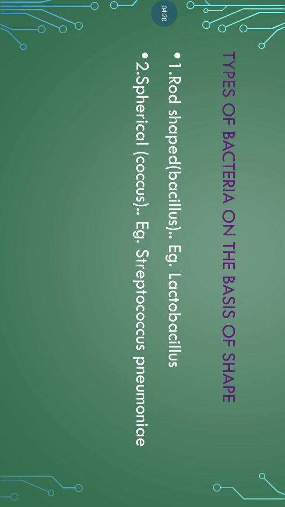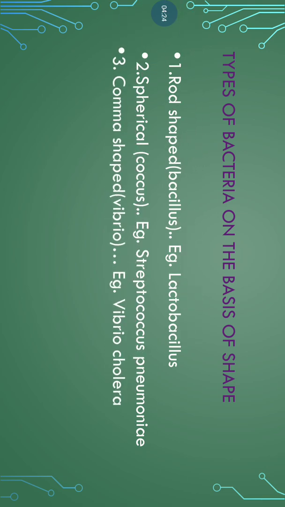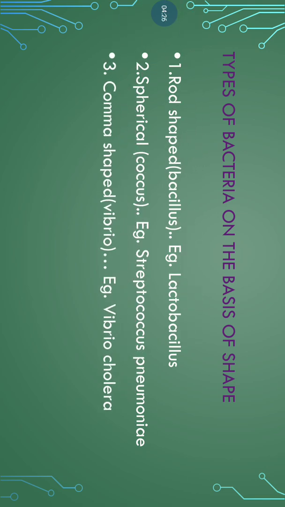I am giving you one example. Streptococcus pneumoniae causes the pneumonia disease. Then third is comma-shaped bacteria. The body is comma shaped, and commonly it is known as Vibrio. An example is Vibrio cholerae, which causes the cholera disease.